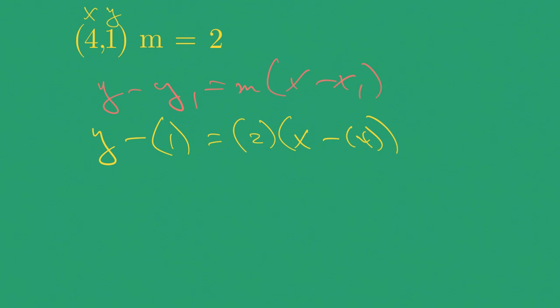Okay, so here's what we got. Y minus 1 equals, now check it out, we're going to have to distribute that 2. That slope number is going to get distributed inside those parentheses. So what is 2 times x? Thank you, 2x. What is 2 times negative 4?